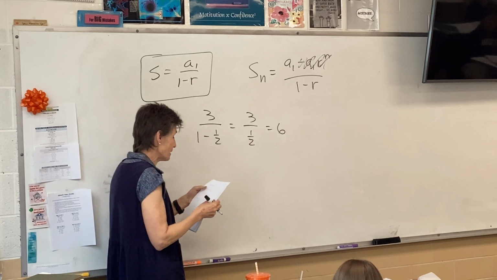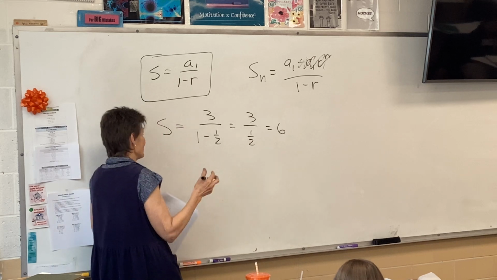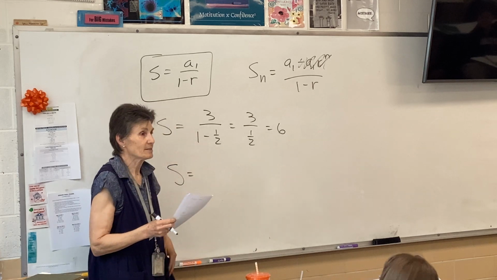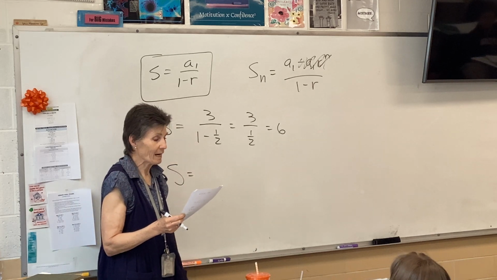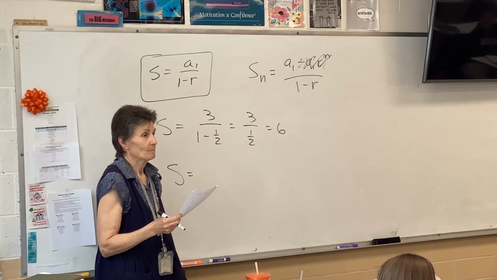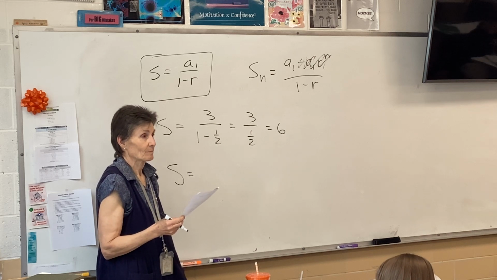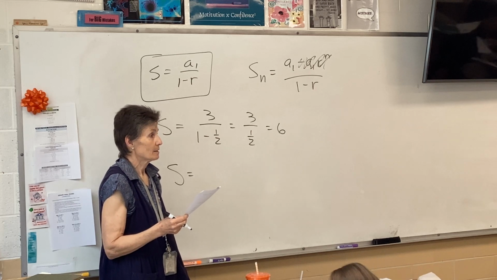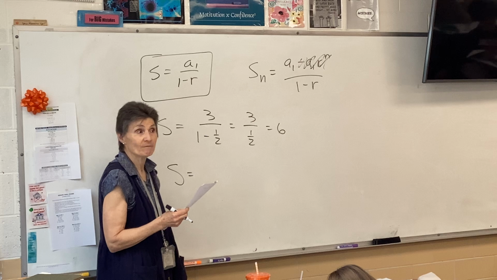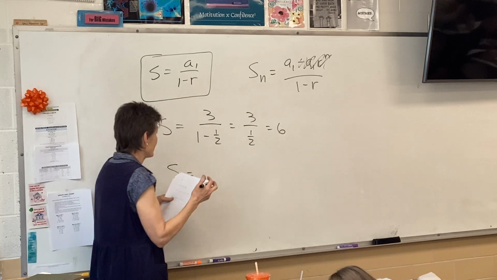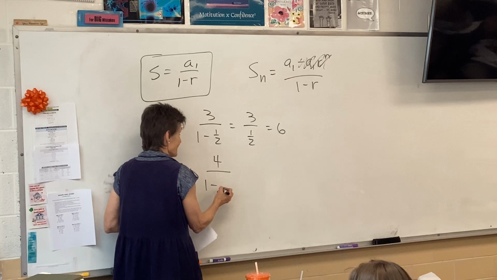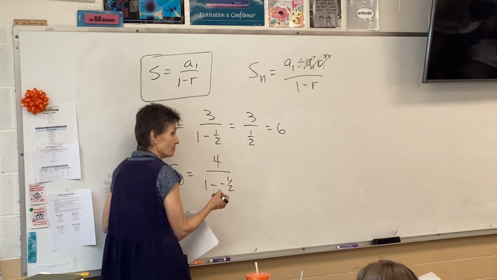All right, let's look at number B. What have we got? Or no, it's going negative to positive to negative. So what are we multiplying by? Negative 0.5, or negative 1/2, however you do it. So 4 over 1 minus negative 1/2.